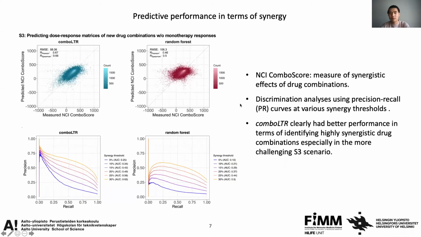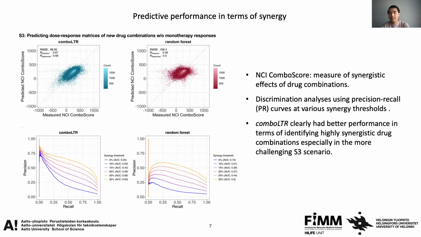Next, we evaluated the predictive performance of the methods in terms of drug synergy. Here we use the NCI combo score to characterize the synergy of drug combinations. The NCI combo score is introduced by the NCI Almanac data publisher and is designed to evaluate the synergistic effects of drug combinations in this dataset.